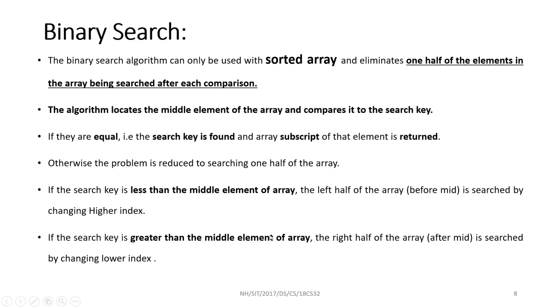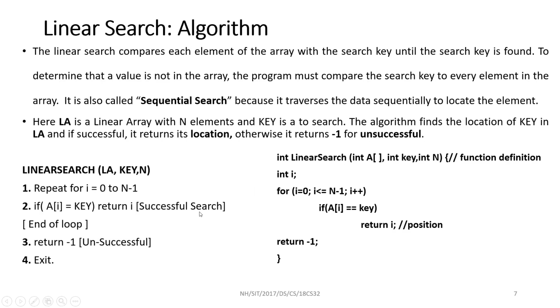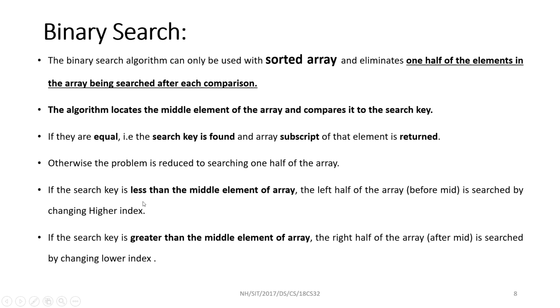If the element is not matching, there are two cases: the mid element is bigger than the search key, or the mid element is less than the search key. In such a case, how to do that?